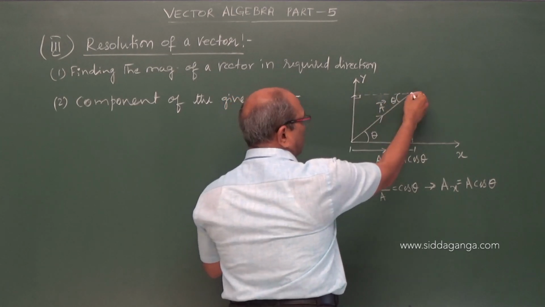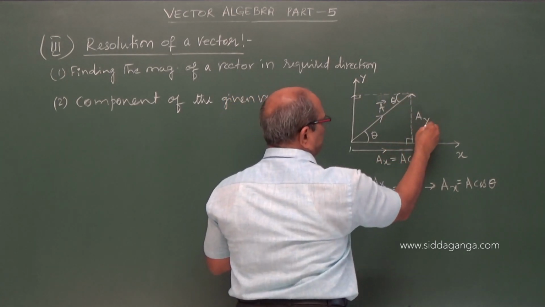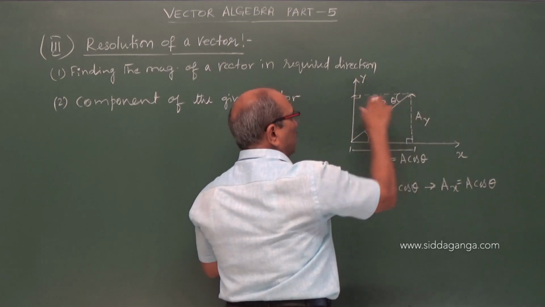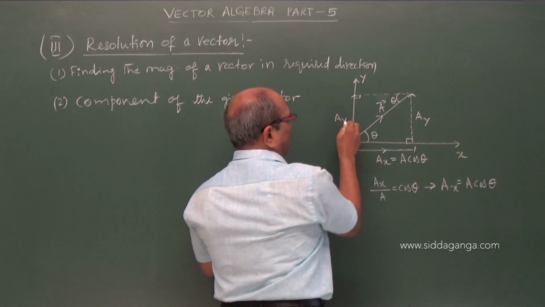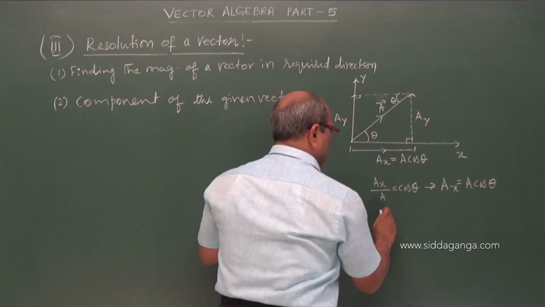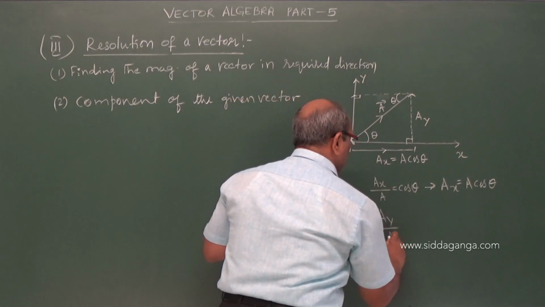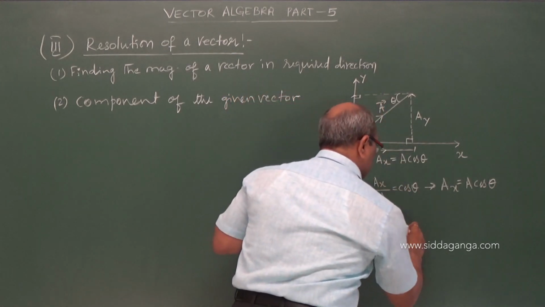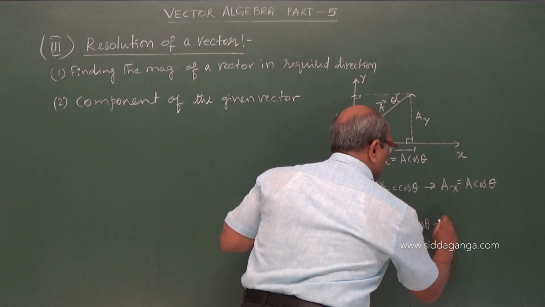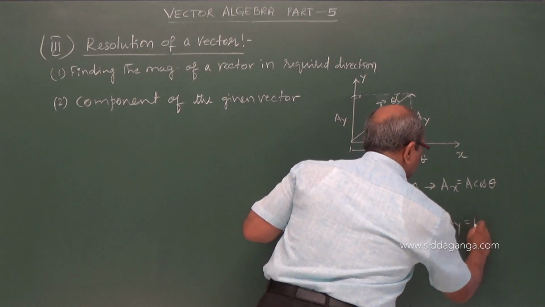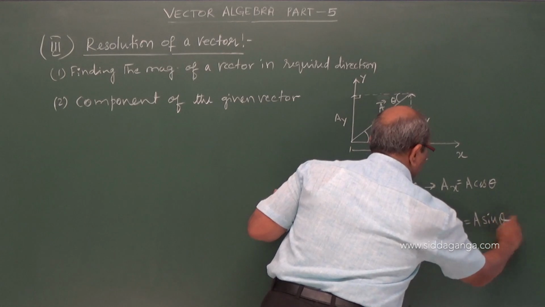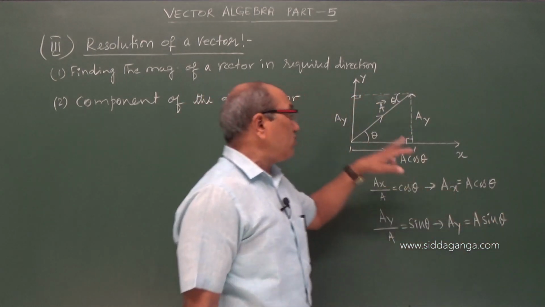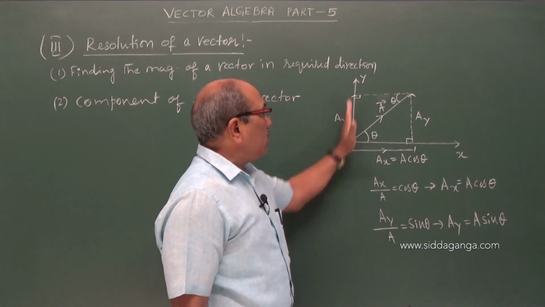Otherwise I can bring this here and this may be called as AY. Shift is possible, translation of vectors we learned. Or you can take it here only. Opposite side by hypotenuse is sin theta, and AY is A sin theta. This is called the component of the given vector A along y direction.